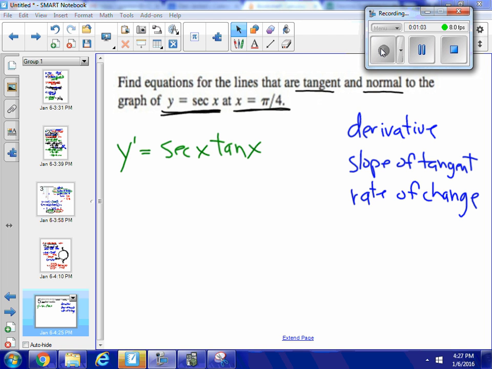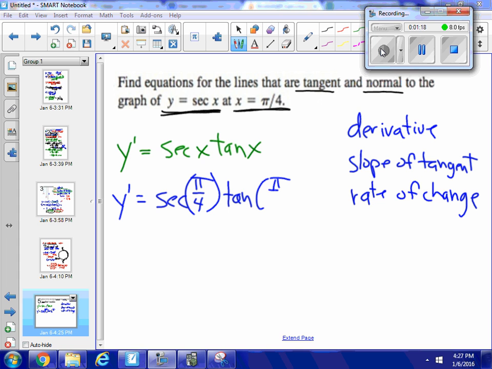So the slope of the line that I'm looking for is y prime equal to secant pi over 4 times tangent pi over 4. Well, let's work this out step by step.